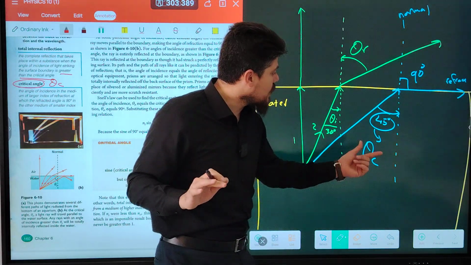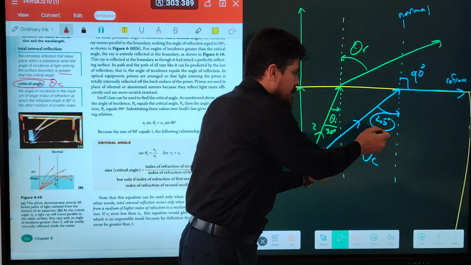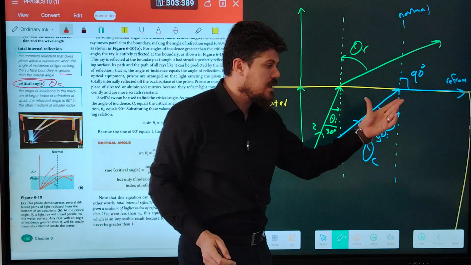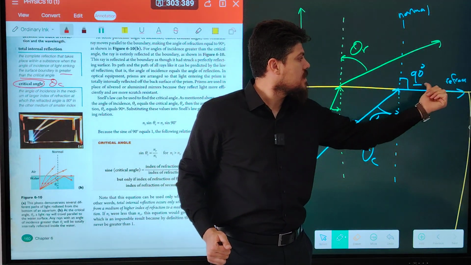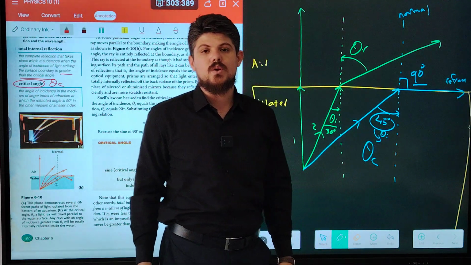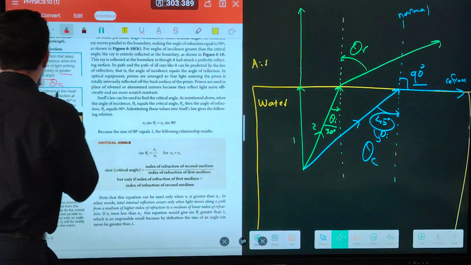So this angle is going to be the critical angle. What is the critical angle? It is the angle of incoming light when the angle of the refracted ray is 90 degrees with respect to the normal. This angle is called the critical angle.